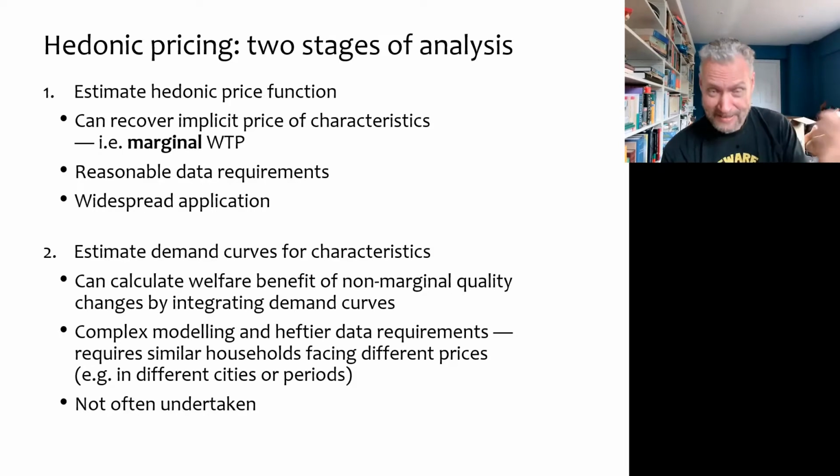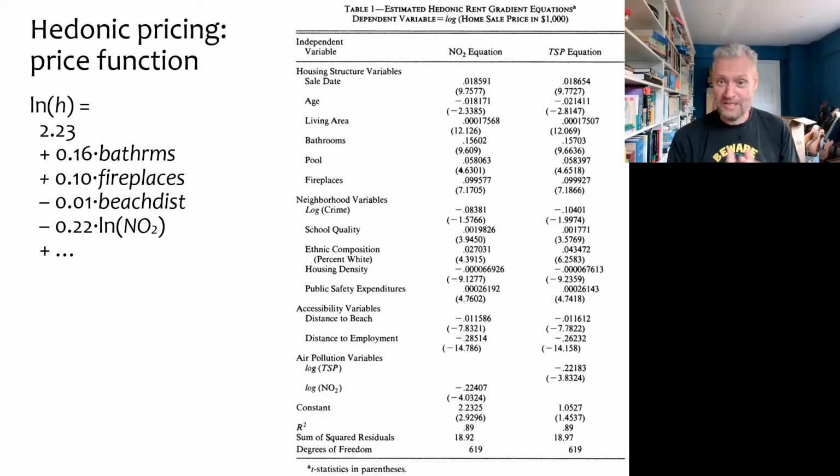But the basic idea is that you estimate the demand curve for environmental quality as expressed through housing. This is what an equation could look like. I actually don't know where this particular study is situated, but essentially on the left-hand side you have the log of the house price, and it's given in dollars, so it must be somewhere in the US.